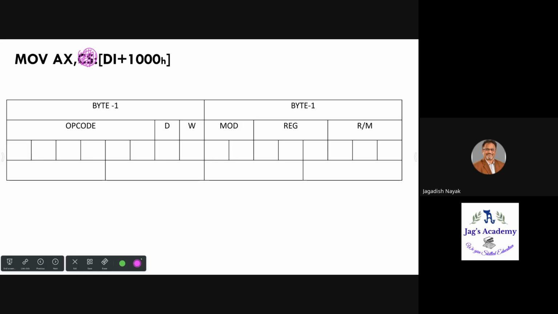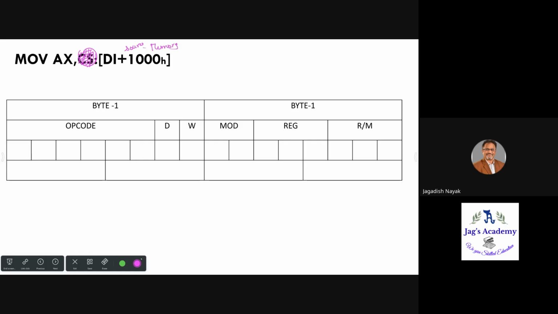This is an indirect addressing mode only, because your offset address of the data which is supposed to be transferred to the AX register is available as a sum of the content of the DI register and 1000H. Right? See here, try to understand. This is the source, right? Source is the memory. Yes or no?